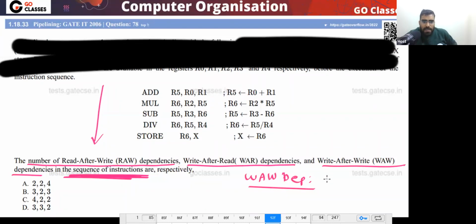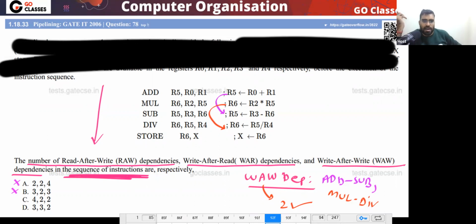There is one from add to subtract, and there is another from multiplication to division. So there are 2 WAW dependencies. So this option is gone. 2 options are remaining. Just check one of them.